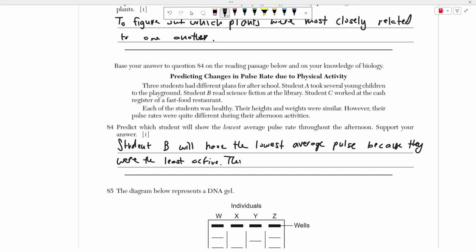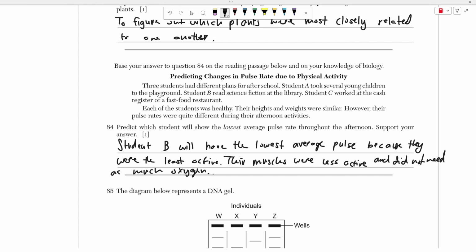Their muscles were less active, or not very active, and did not need as much oxygen.